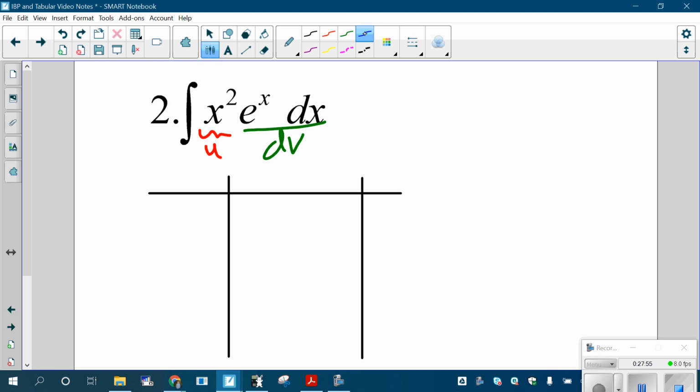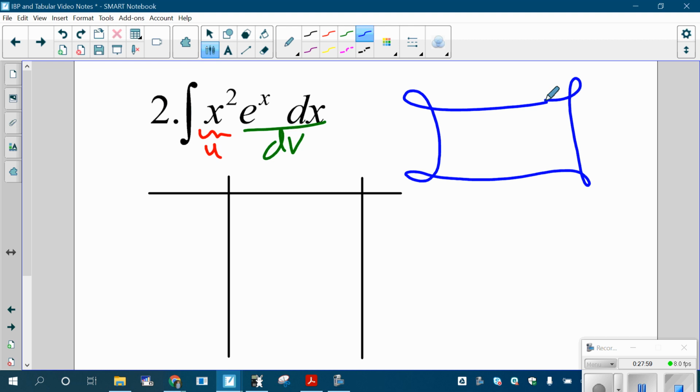I'm going to draw my pillow. If u is x squared, then du is 2x. And if dv is e to the x, the antiderivative of e to the x is just e to the x.